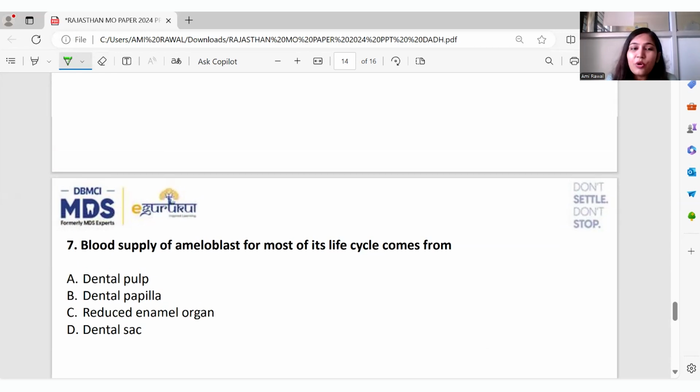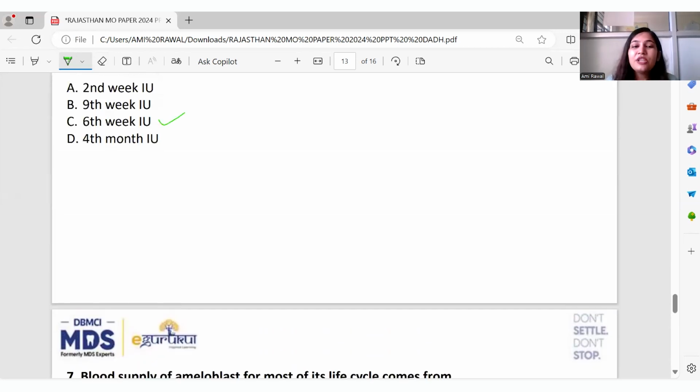As at about 6th week, the buccopharyngeal membrane ruptures and there is a connection between epithelium and the connective tissue, sending signals leading to the formation of tooth. So the correct answer here is 6th week of intrauterine life.